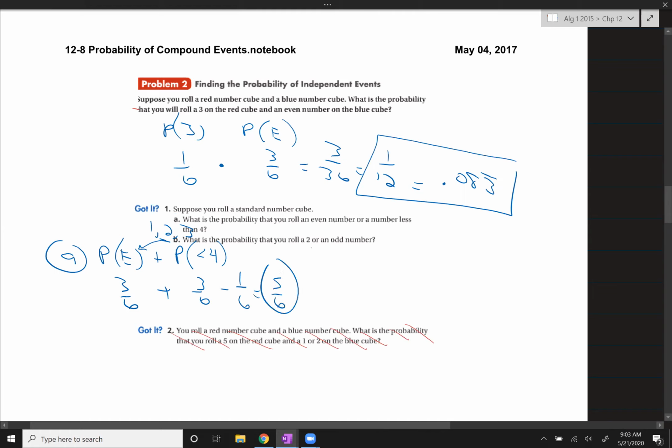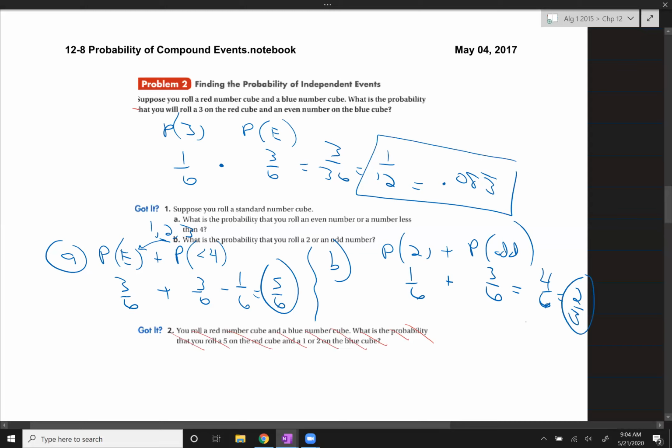You'll see a lot of these look like the same problem, but it's really just because evens and odds become kind of the same lingo as we deal with some of these to present you with different problems. Let's find the probability of rolling a 2 or an odd number. Probability of a 2 is 1/6. Or an odd number, that's 3/6. 2 is not odd, so it becomes 4/6 or 2/3.